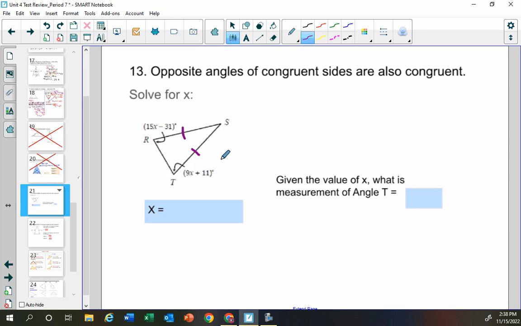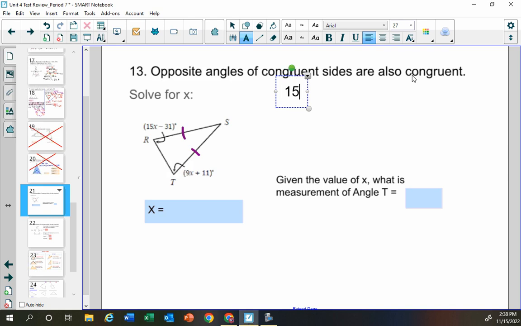So if these are our congruent sides, what do we know about these two angles? They must be congruent. So what's our setup? What's our setup? 15x minus 31 equals 9x plus 12. That's our setup. So let's get the setup first. Okay, there's our setup.